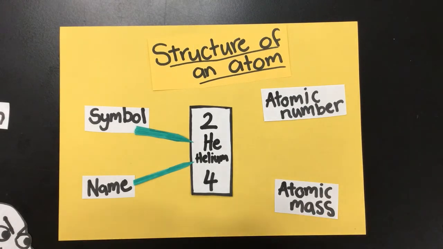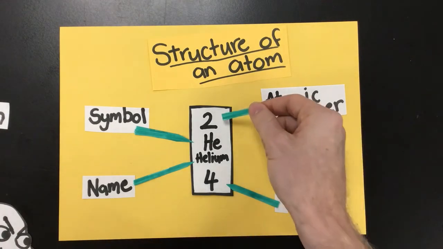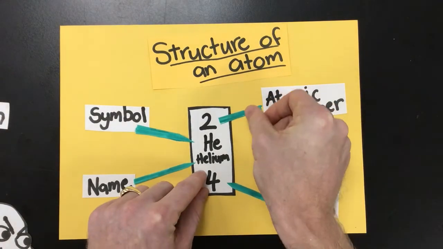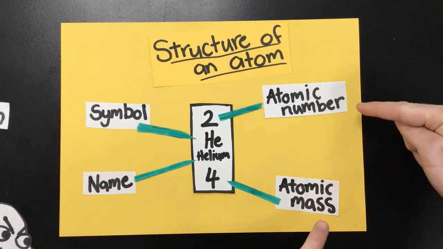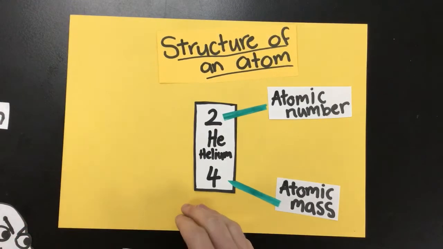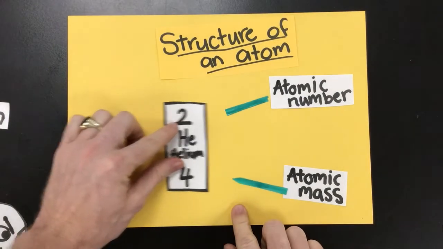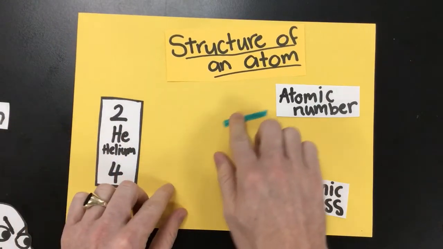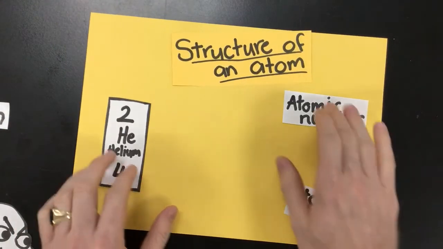Now, our atomic mass is that number down there, as I said, and our atomic number is the number at the top. These two are our most important ones, because as I said, they can be treated like a rule card. If I was to take these two away and move this onto the side, our atomic number kind of tells us a bit of a story.